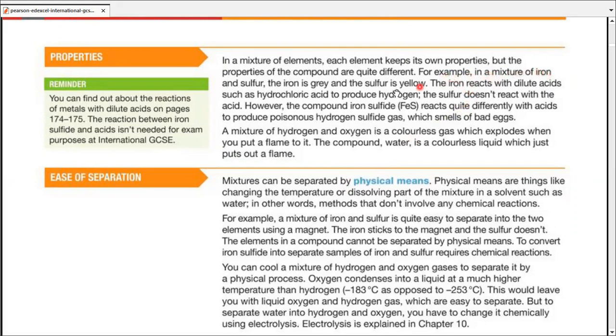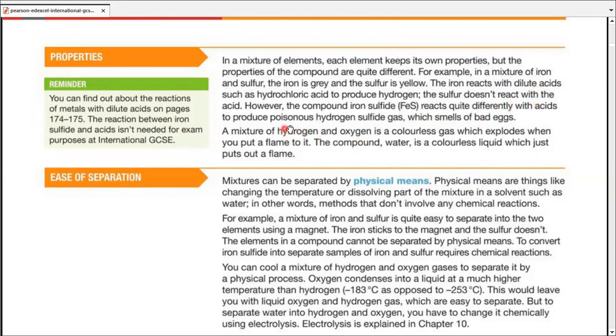For example, in a mixture of iron and sulfur, iron is gray, sulfur is yellow, but when they react with one another or with some other things, for example, iron reacts with acids and produces gases. Sulfur does not react with acid. However, when we form a compound out of them, which is iron sulfide, a combination of both iron and sulfur, it really is quite different from its elements.